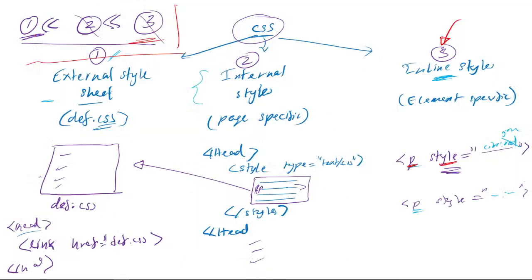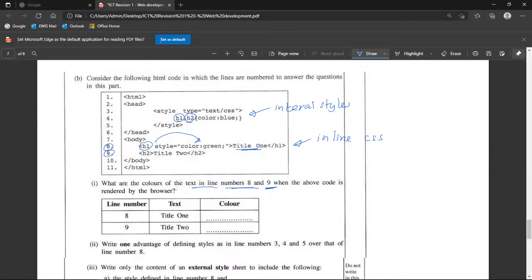If we have multiple CSS styling methods, the inline style, the one next to the element, will give you a kind of force. So no matter that in the internal styles it says the color should be blue, the inline style says header 1 color should be green.